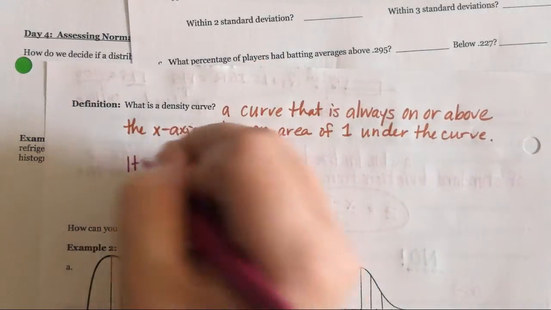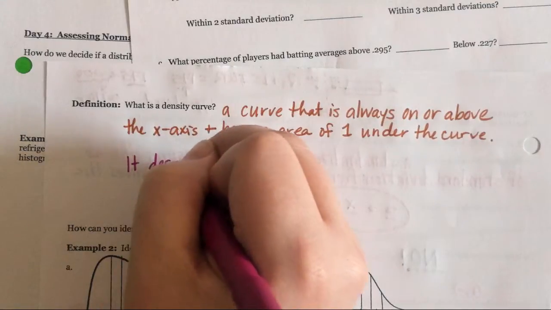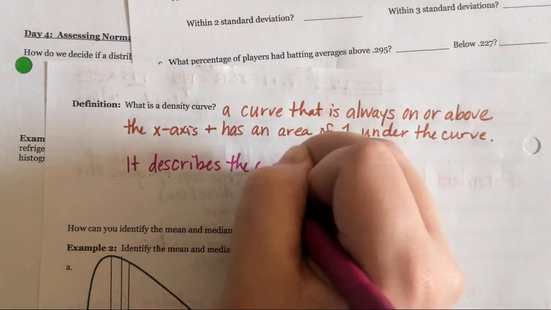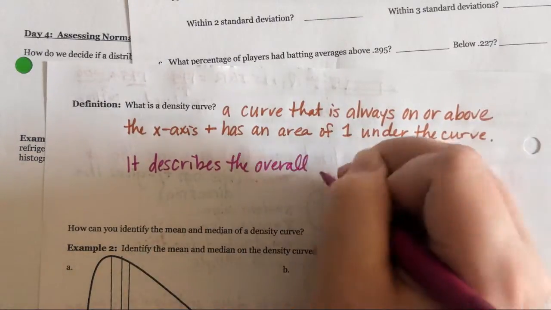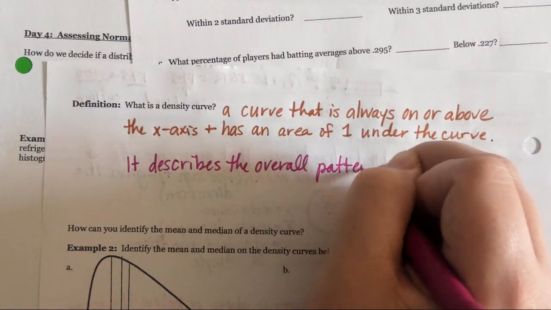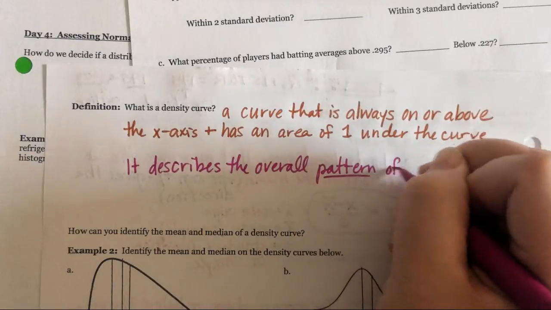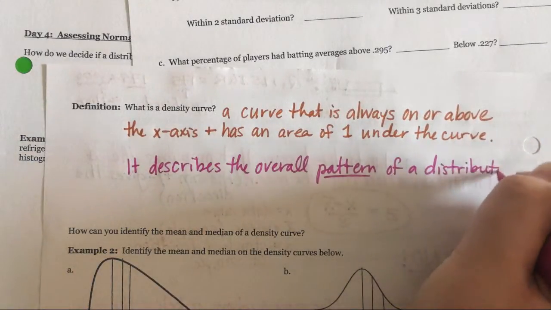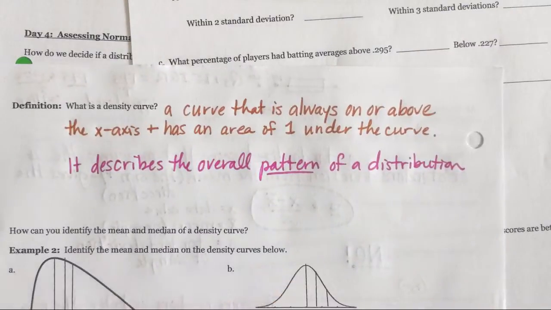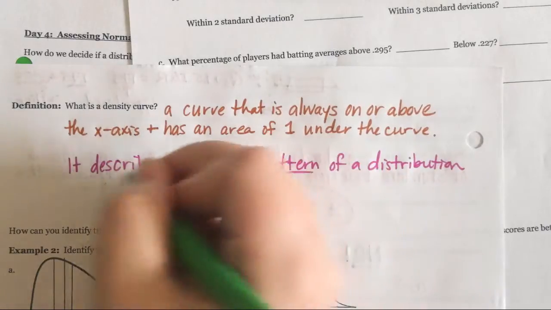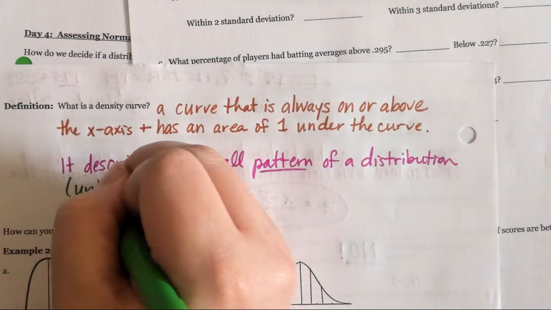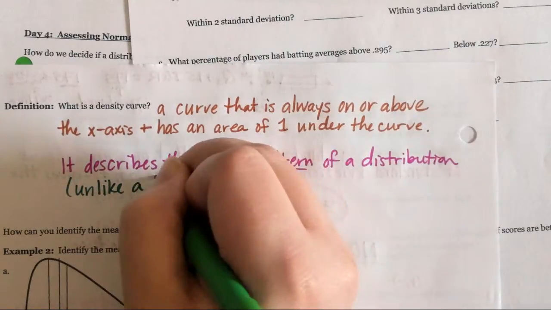But it is different because it describes the overall pattern of a distribution. And what makes that different is that unlike a histogram, which gives the exact distribution.